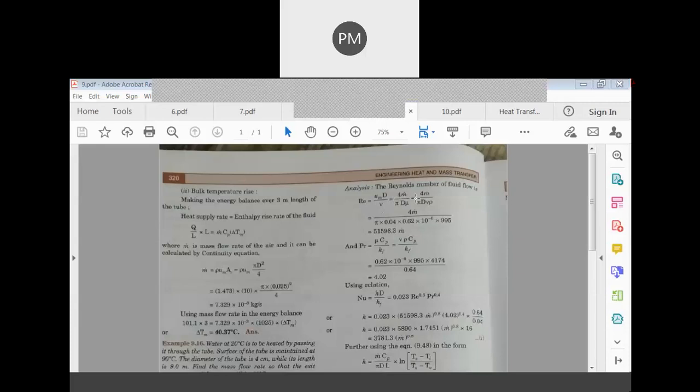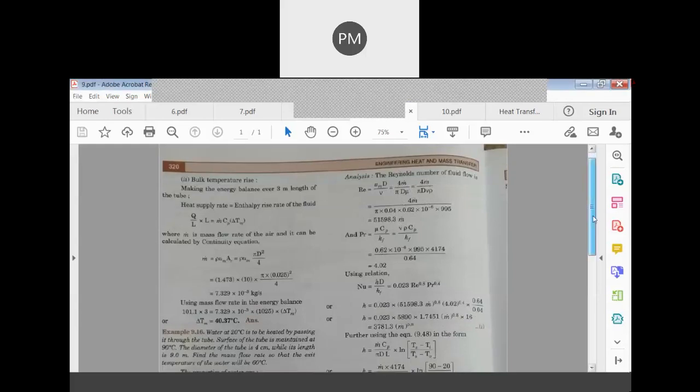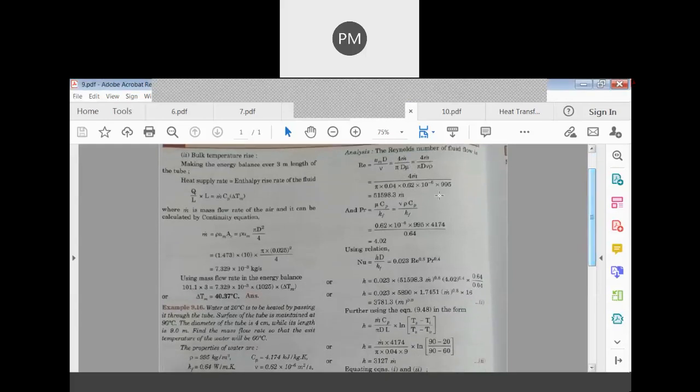Also in terms of mass flow rate it is 4m by pi d mu. Dynamic viscosity here is nothing but kinematic viscosity into density. Just substitute all the values except mass flow rate, which you don't know because that is what they have asked in the problem. So you are going to get Reynolds number as 51598.3 times mass flow rate.